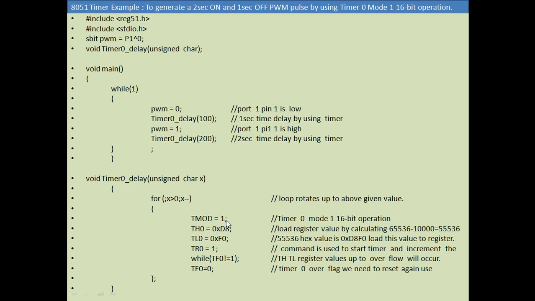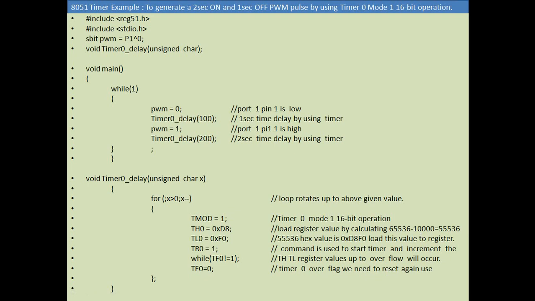And TMOD = 1, which means hexadecimal 0x01, 0 0 0 1. TH0 = 0xD8, and TL0 = 0xF0, we are loading 55,536 to count up to 65,536, so that we get 10,000 counts.